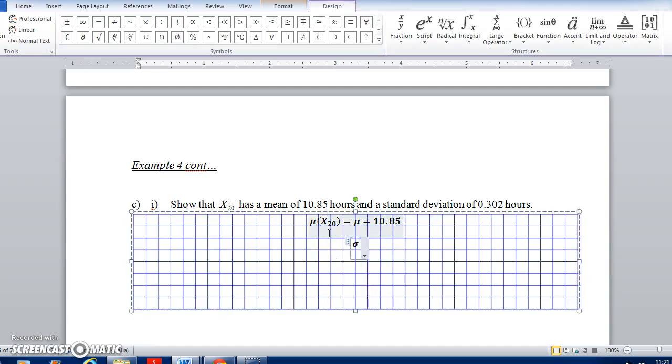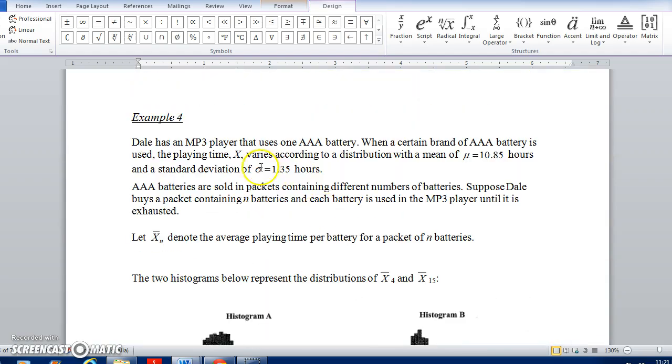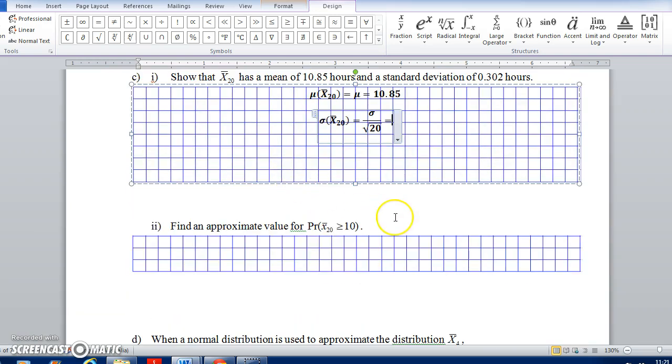Standard deviation, sigma of X bar 20 is equal to sigma, where sigma is the population standard deviation divided by the square root of 20, so 20 is our sample size in this case, which is equal to, now if I just need to remind myself, our population standard deviation is 1.35 on the square root of 20.